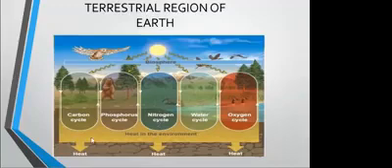Like for example, the carbon cycle. Basically, we have existing carbon in our atmosphere, but due to increasing population, we tend to emit more carbon in the atmosphere.